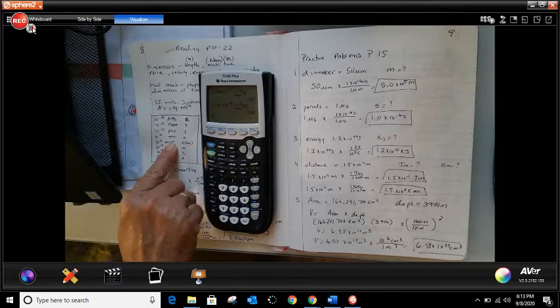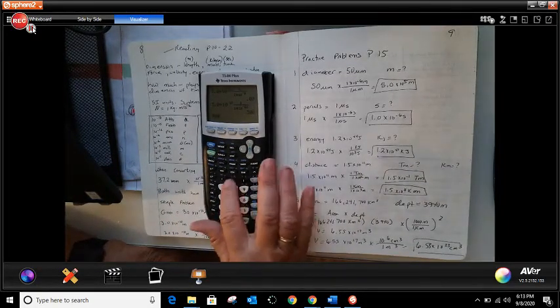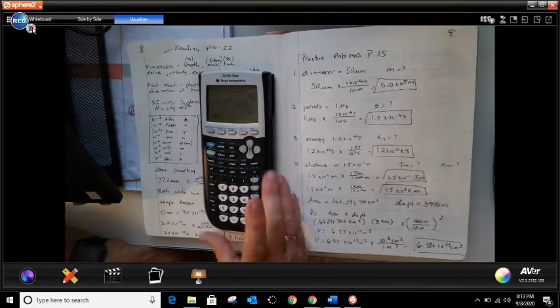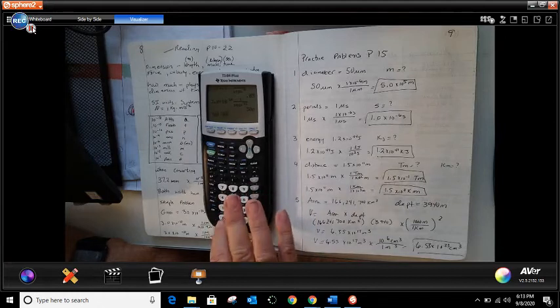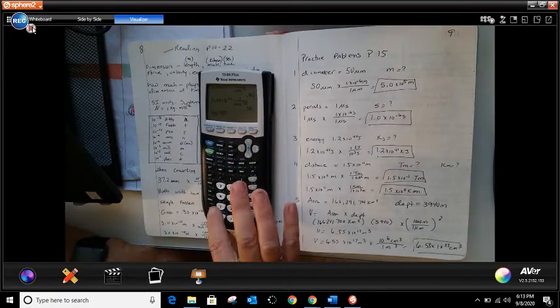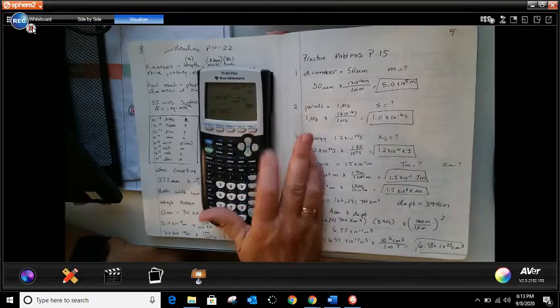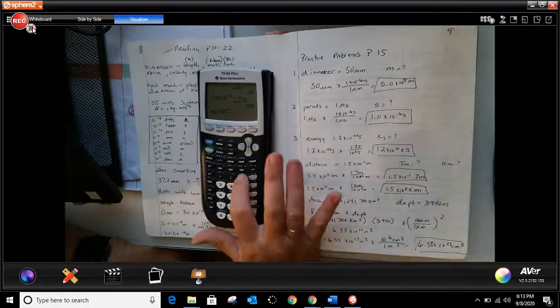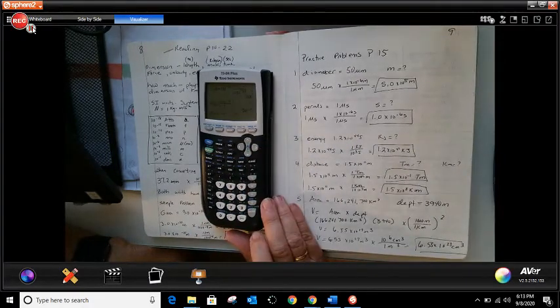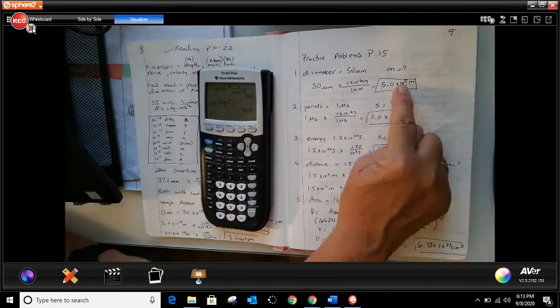So what we're going to do here is we're going to say 50, open bracket, alpha y enter, 1 times 10 caret negative 6 over 1, close bracket, enter. And I get 5 times 10 to the 5th power. Okay? Next one.